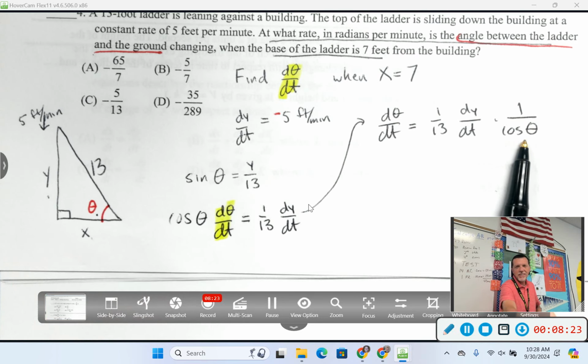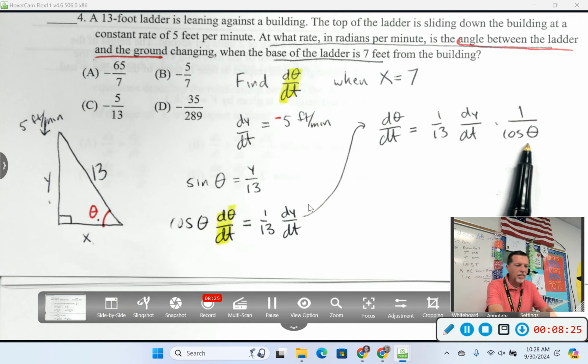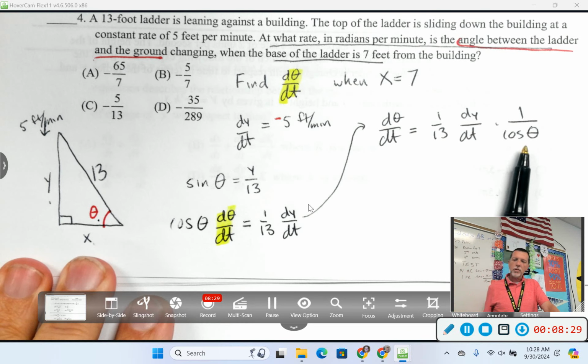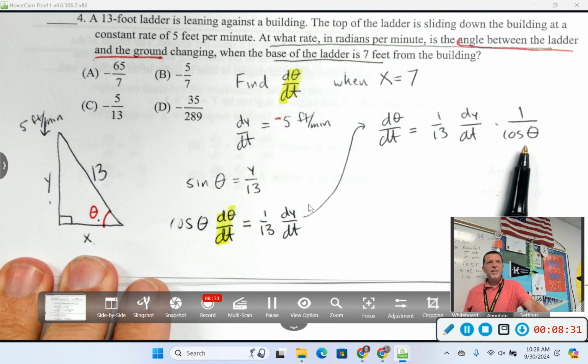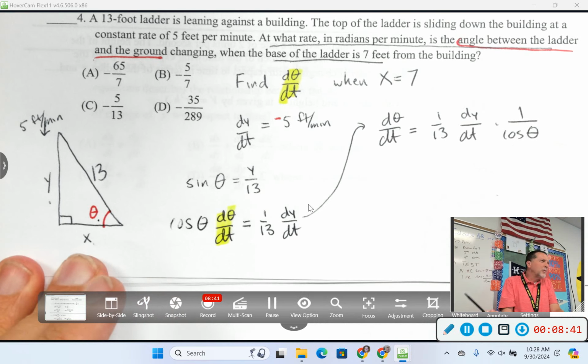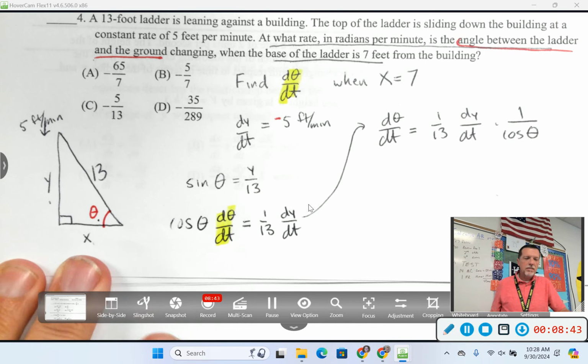Some people are going to leave that because they don't want to mess with the reciprocal of cosine. But what's the reciprocal of cosine? Who's its flip partner? Secant. So I could replace all of this with secant, but then you're messing with secant. So, your choice.